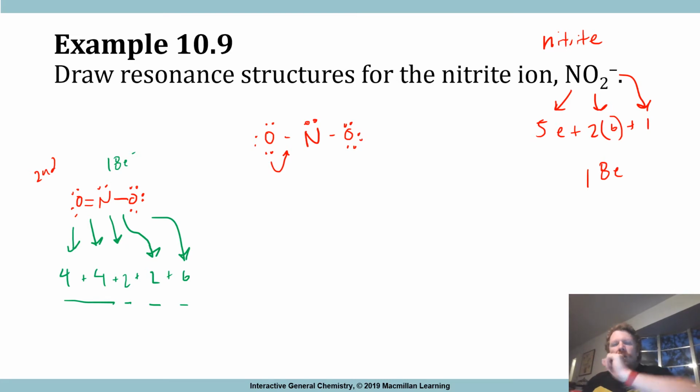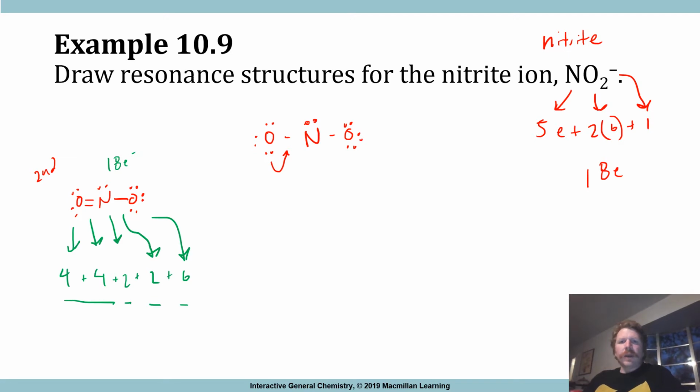But one detail that's important about this is I drew the double bond on the left-hand side. Does that matter? It absolutely does. Okay. Now, what does that mean? That means that by drawing it on the left-hand side, I've kind of placed it.